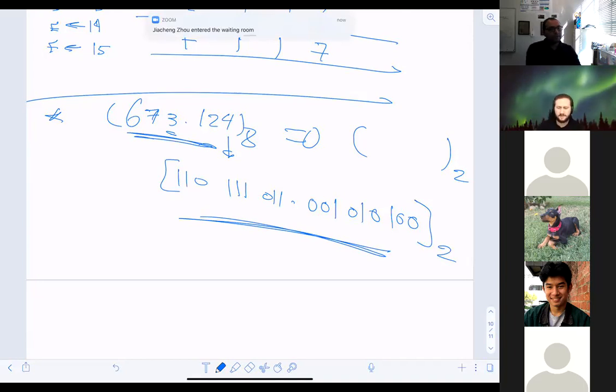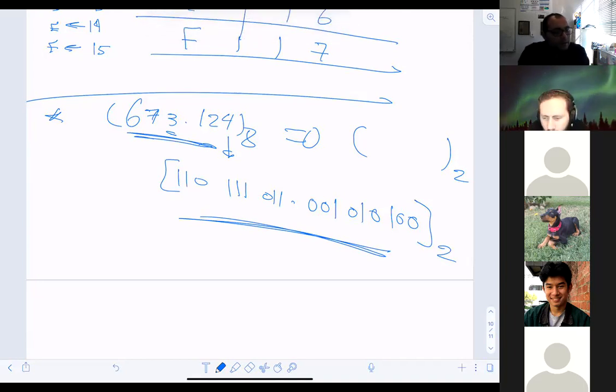So, Professor, when we're converting from octal to binary, you can think of it as: to represent the largest digit in octal, you need 3 bits of binary.